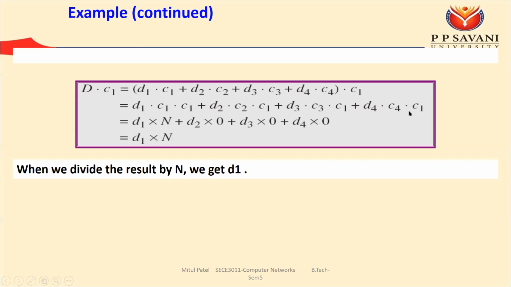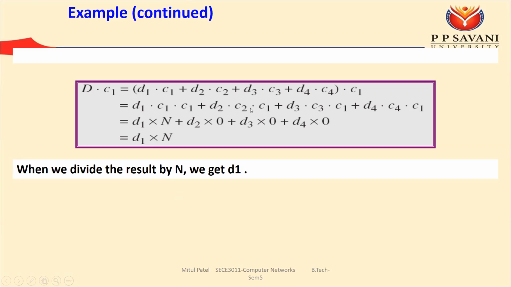When we started with the chip sequence, I gave you two properties of this code: if two similar codes are multiplied, it gives the total number of stations, and if two different codes are multiplied, it gives 0. So C1 into C1 is equal to the total number of stations, n, giving D1 into n.